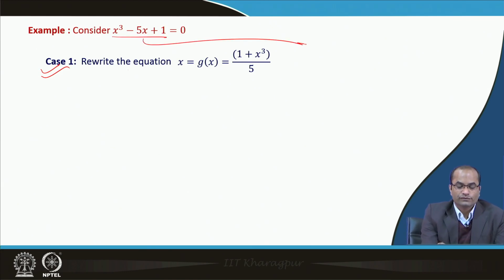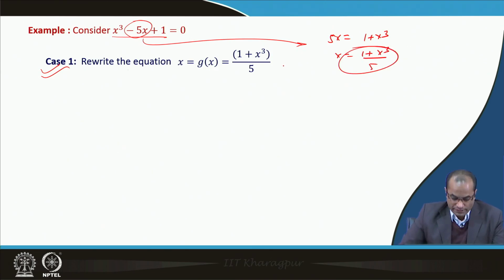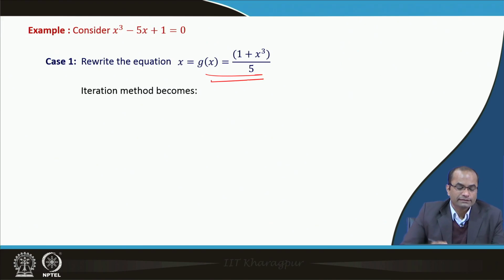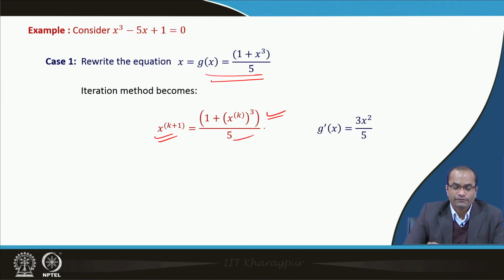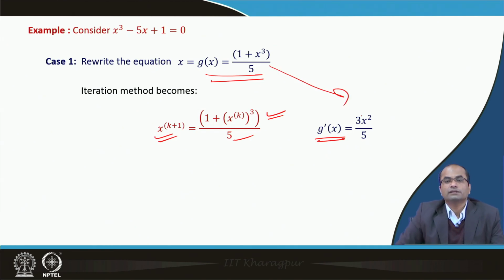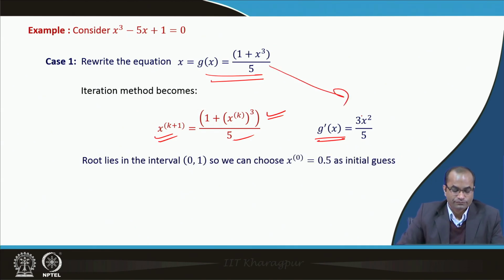First, we take 5x is equal to 1 plus x cubed, and then x is equal to 1 plus x cubed by 5. So, this g we take and then set up the iteration: x k plus 1 is equal to 1 plus x k cubed by 5, and note that g prime, which we can compute, is 3x squared by 5.